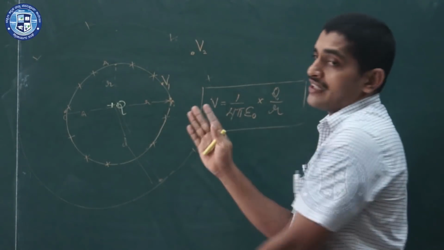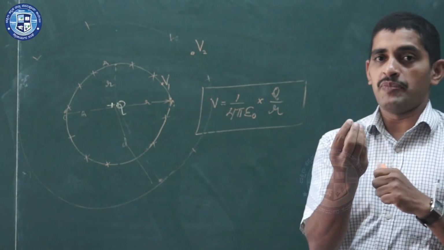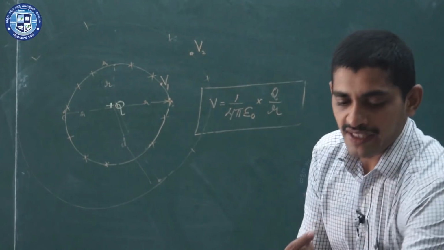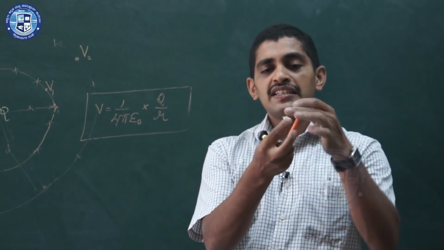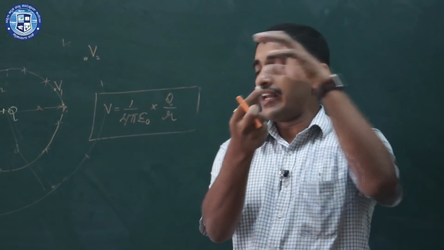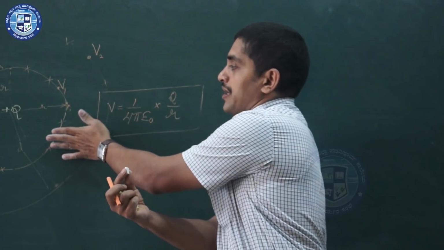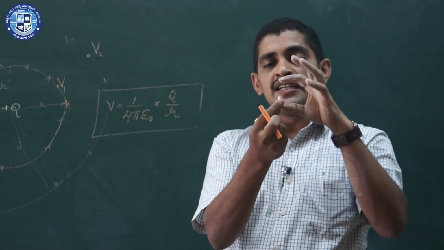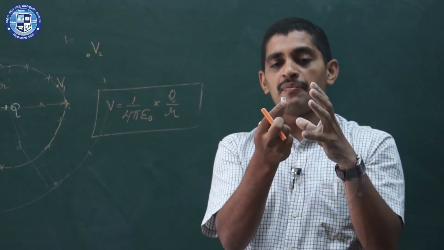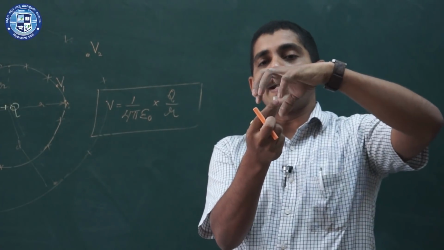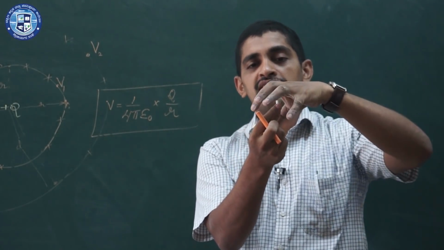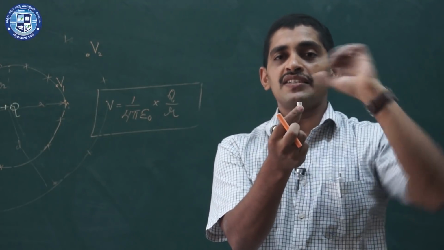Now, let us think in three-dimensional space. Imagine if there is a charge here, I can think of a sphere. When I draw it on a blackboard, it becomes a circle. When I think of a charge in free three-dimensional space, it becomes a spherical surface, wherein at every point on the spherical surface the potential will remain the same.